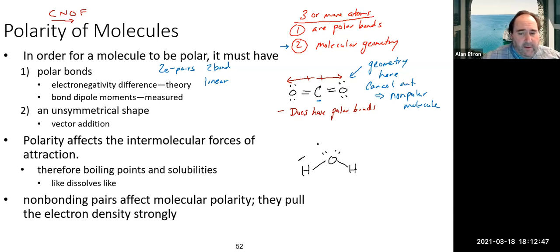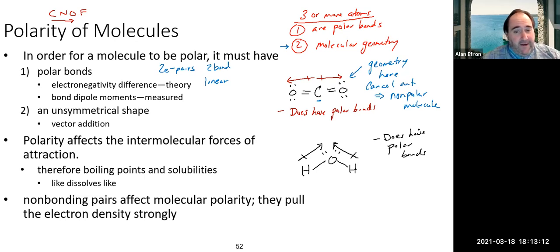So we could draw bond dipoles heading in this direction towards the oxygen. And we can also say, like we did above, that this guy does have polar bonds. So what does that mean?